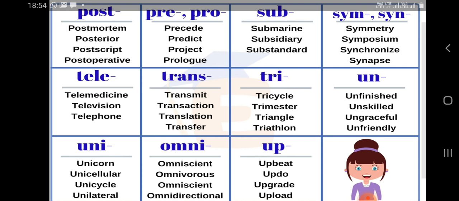And you have many words here: postmortem, posterior, postscript, post-operative, precede, predict, project, prologue, submarine, subsidiary, substandard, symmetry, symposium, synchronize, synapse, telemedicine, television, telephone, transmit, transaction, translation, transfer, tricycle, trimester, triangle, triathlon, like marathon, unfinished, unskilled, ungraceful, unfriendly, unicorn, unicellular, unicycle, unilateral, omniscient, omnivorous, omnidirectional, upbeat, updo, upgrade, and upload.